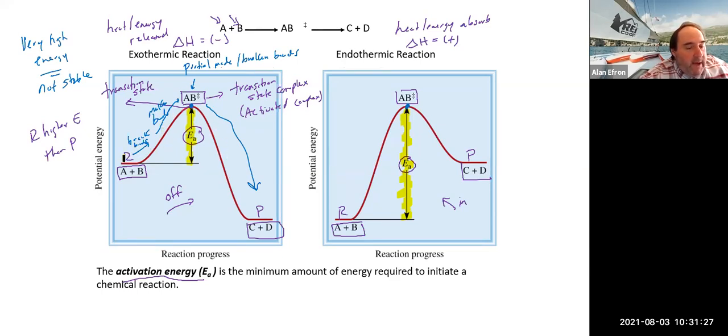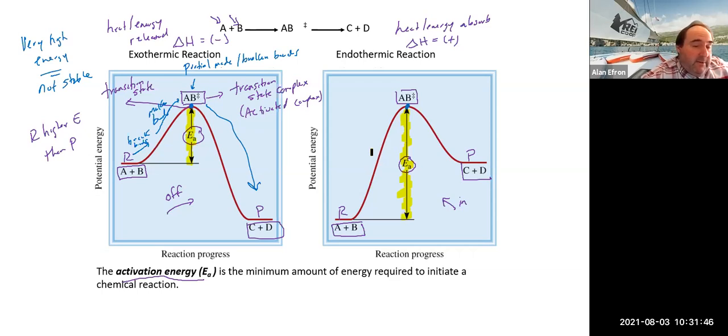More reactants have the appropriate amount of energy to get to the other side, which results in the reaction happening a lot faster, as opposed to here where there's probably a bigger hill to climb. If you had to go all the way to the top and over, it's going to take you much longer than if you had to climb this hill.